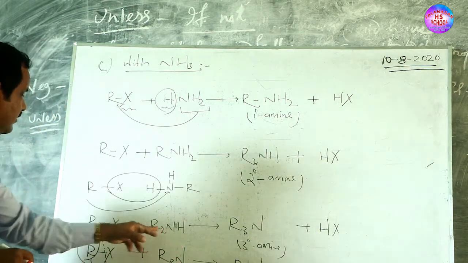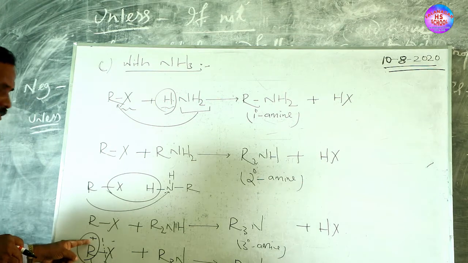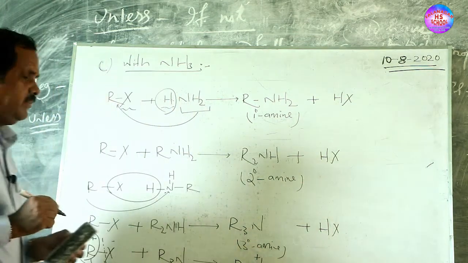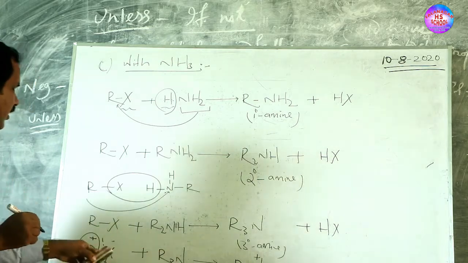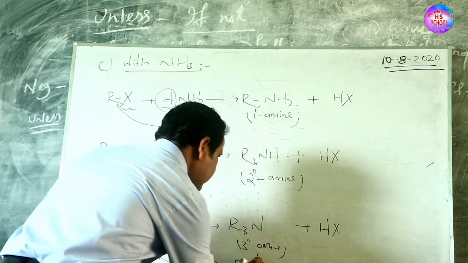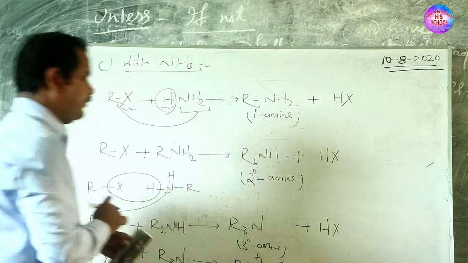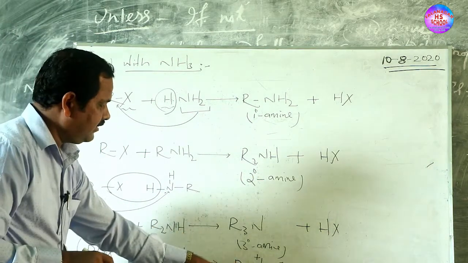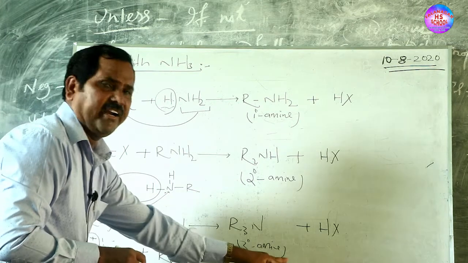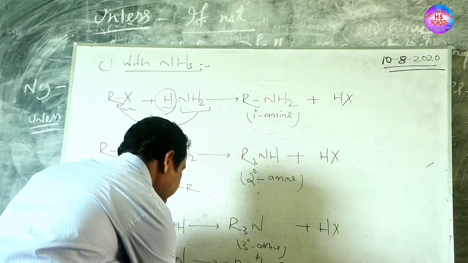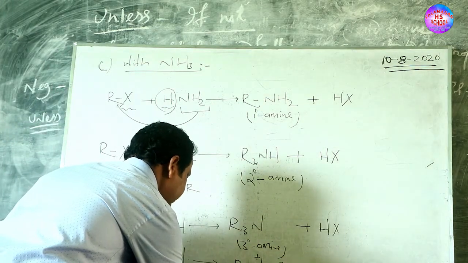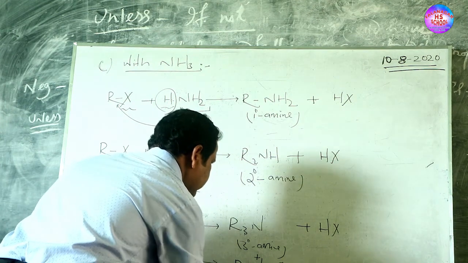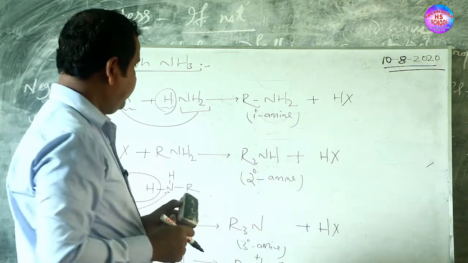In R plus, one positive charge plus 0, total charge plus 1. So R4N plus and X minus is called tetraalkyl ammonium halide or quaternary ammonium salt.